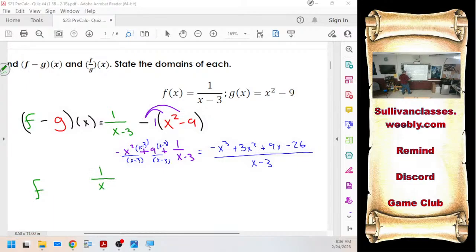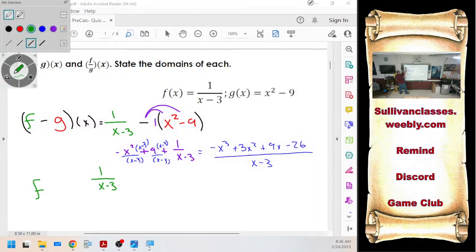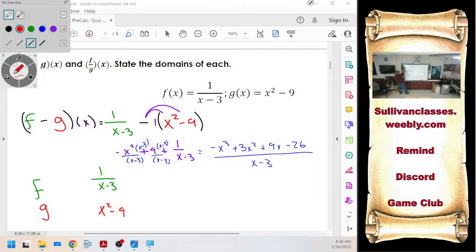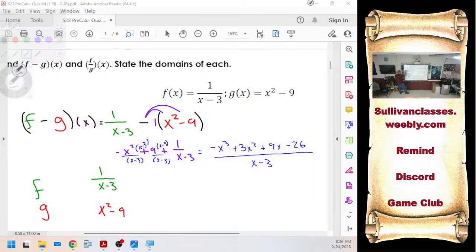1 over x minus 3 is f. G, and g is x squared minus 9. There we go.